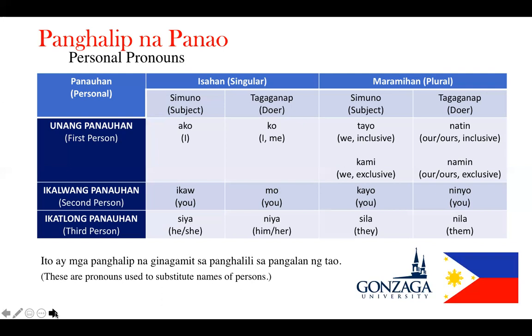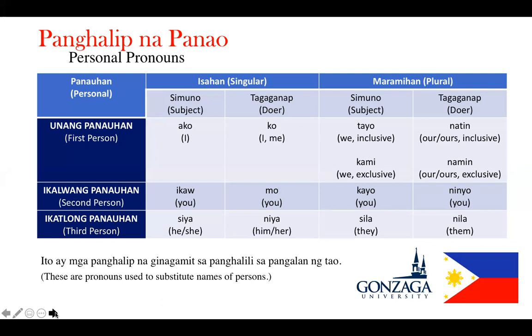But you also have kami, okay, which also means we exclusive. Now, tayo versus kami, since this one is inclusive and this one is exclusive, okay? Let's say Dawson will talk to Piper.